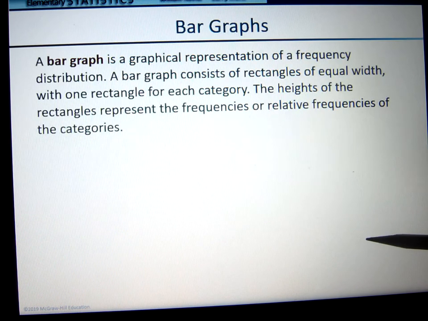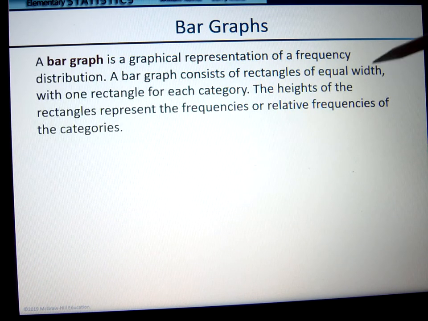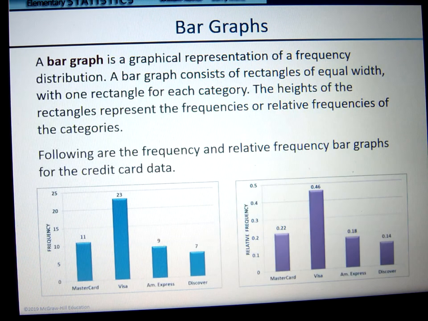Let's look at bar graphs. A bar graph is a graphical representation of a frequency distribution. It consists of rectangles, which have to be equal width, with one rectangle for each category. The height represents the frequency or relative frequencies of the categories. Here's an example. We have the frequency, MasterCard. Here we have 0, 5, 10, 15, 20, 25 alongside.